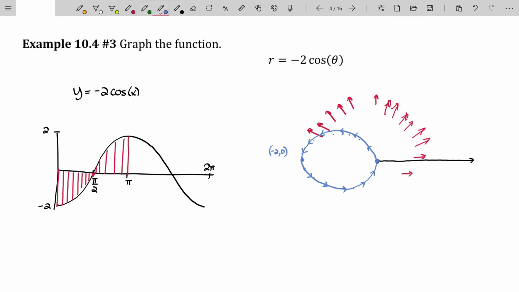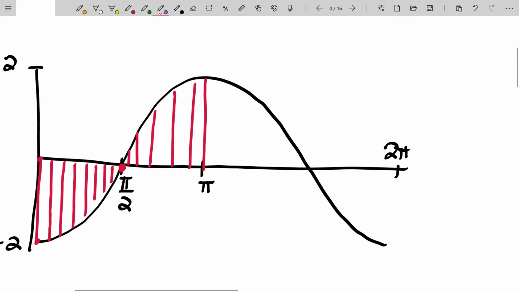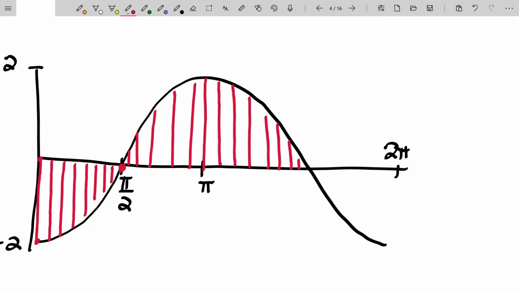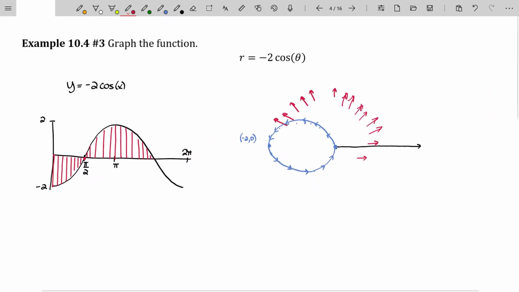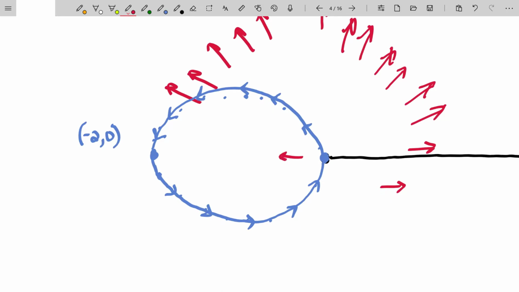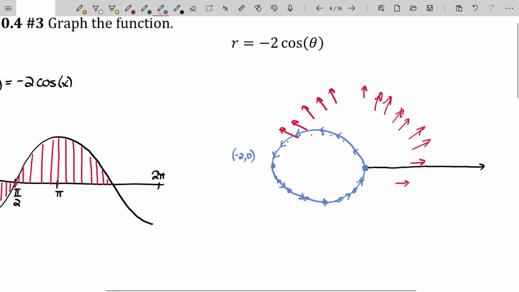If you're facing an angle of pi and you continue to move forward, you keep throwing rocks in front of you, but they get closer and closer to your feet until you're facing an angle of 3 pi/2. That's this angle right here, and you're dropping a rock at your feet. So it just retraces the curve at that point.